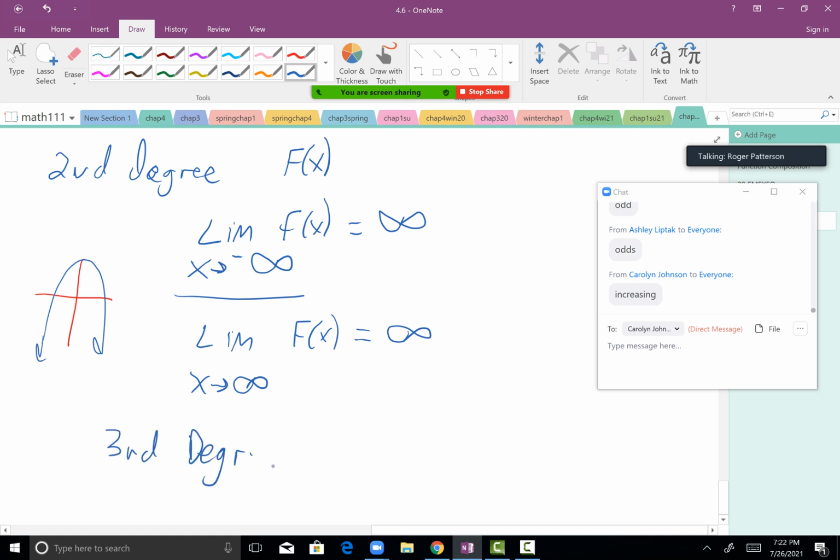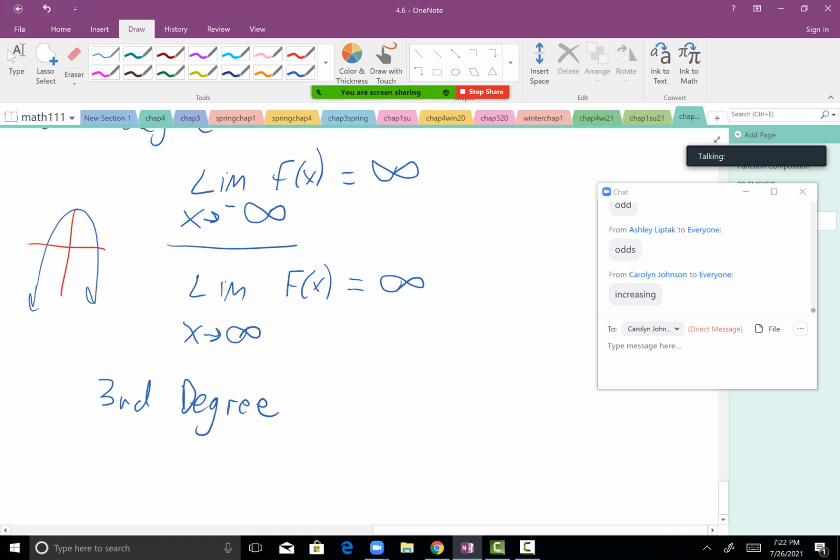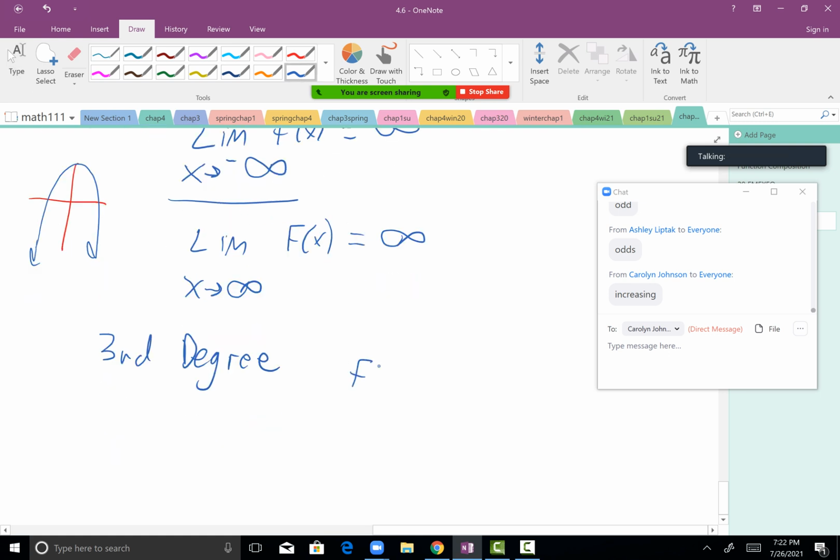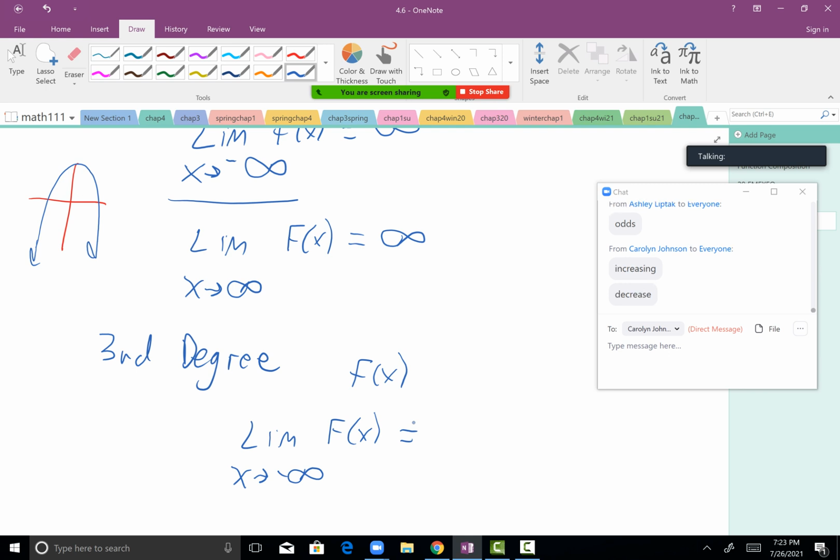Okay, so what about a third degree? Let's say we have a function that's a third degree. We want to know the limit as x approaches negative infinity of f of x. Well, in general, what is this function going to do? Is it going to increase or decrease on the negative side? Yeah, it's going to decrease.